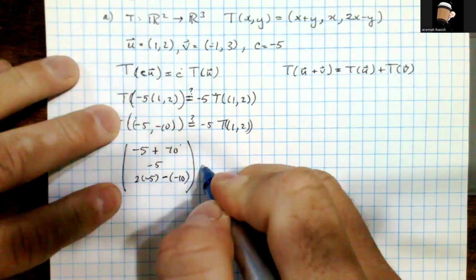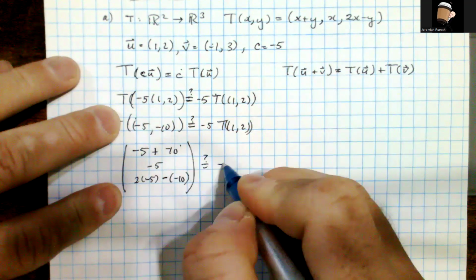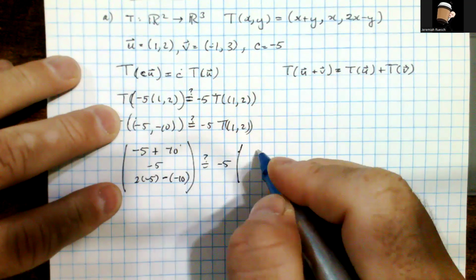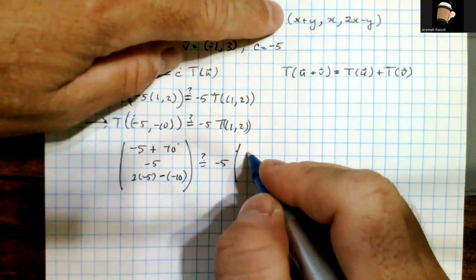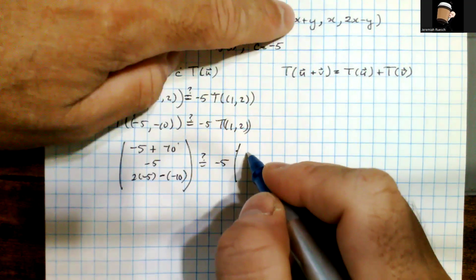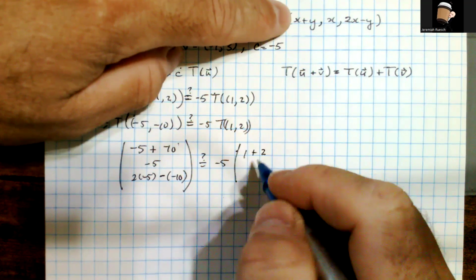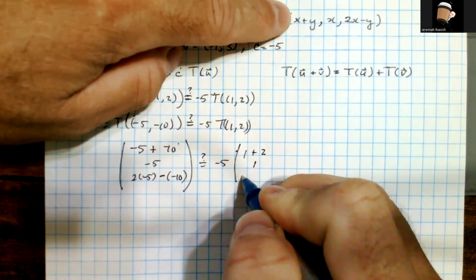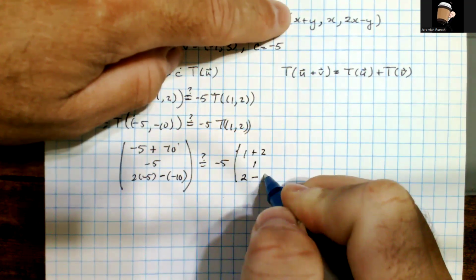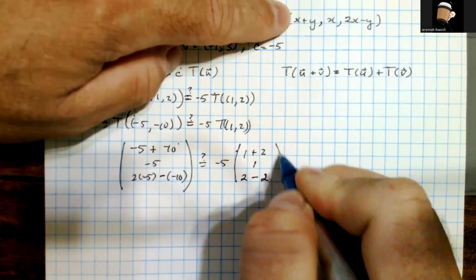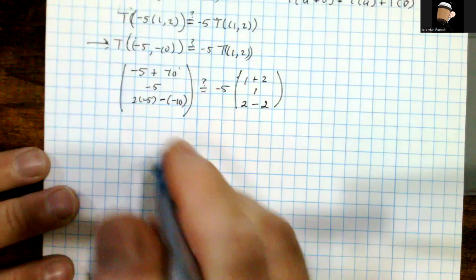On this side, we have negative 5 times the transformation, following the same rule: 1 plus 2, 1, and then 2 times 1 minus 2, which was also 0.